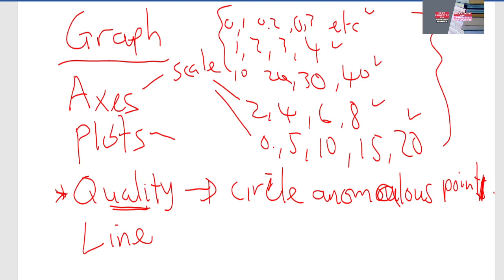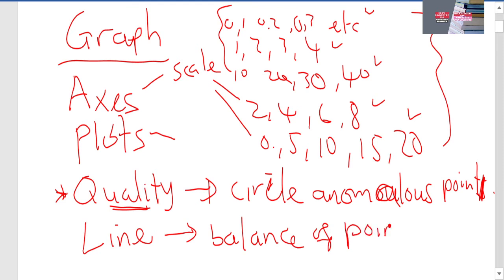Then we have the line of best fit. Now in the line of best fit, you must make sure that there is a good balance of points on the left side and on the right side of your line of best fit for you to score this mark.